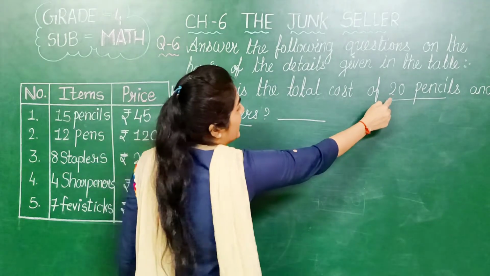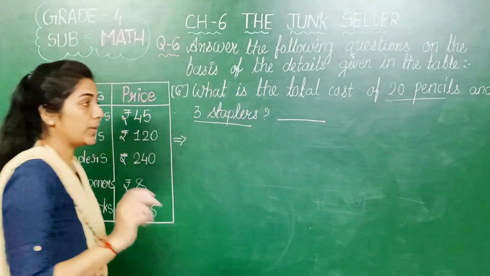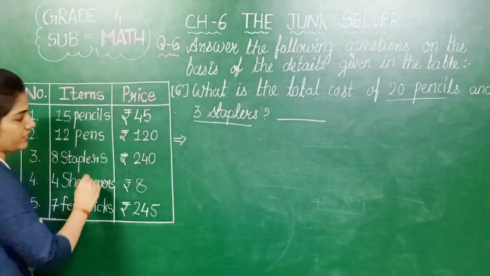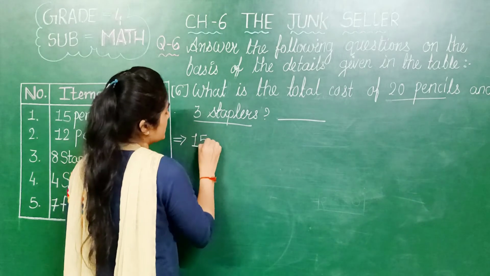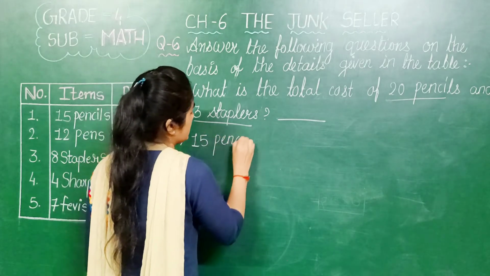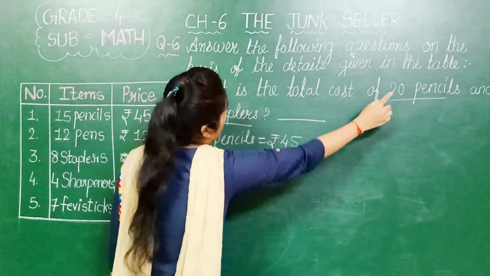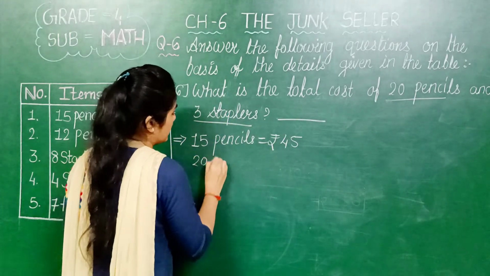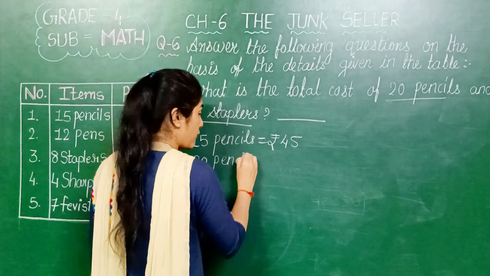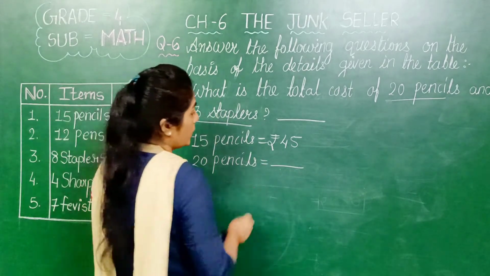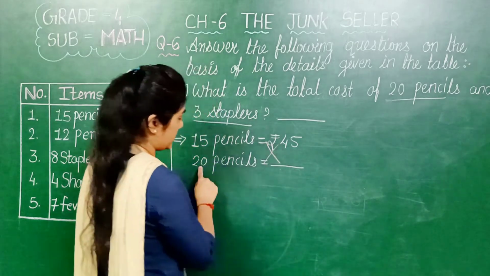First we are finding the cost for the 20 pencils. As we know, we have the cost of 15 pencils, which is 45. So we can write like this: the cost of 15 pencils is rupees 45. So what is the cost of 20 pencils? Now it's easy for you to do the cross multiplication like this. So 45 will multiply with this 20.